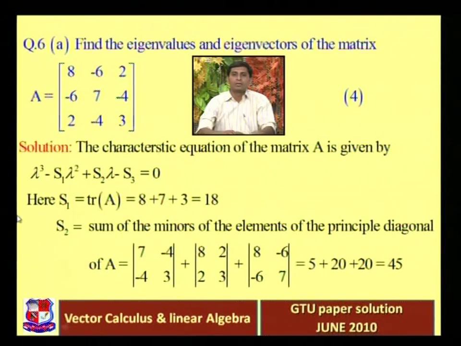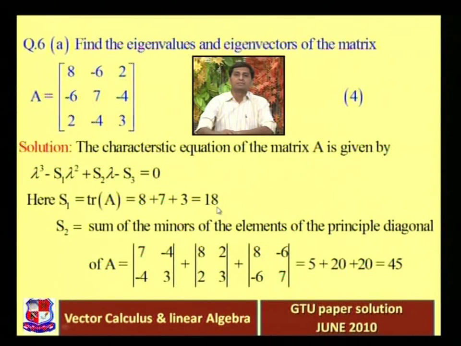Now the sum of the minors of the elements of the principal diagonal, that is s2, we found to be 45, and s1, the trace of A, is the addition of the main diagonal entries, that is 8 plus 7 is 15, plus 3 is 18.